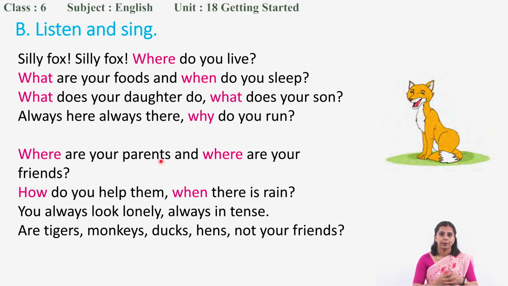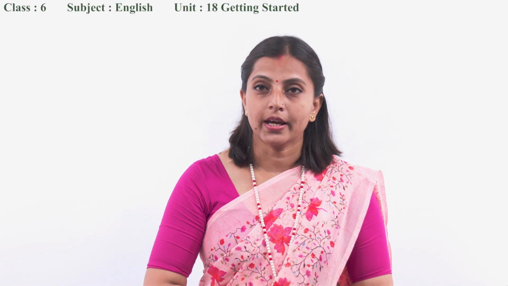Where are they? Always here, always there, why do you run? A fox is always seen running. It can run very fast. It is always seen running here and there. The poet is asking the fox, why do you run like that? Always here, always there. Why do you think the fox runs like that? Yes, in search of food.